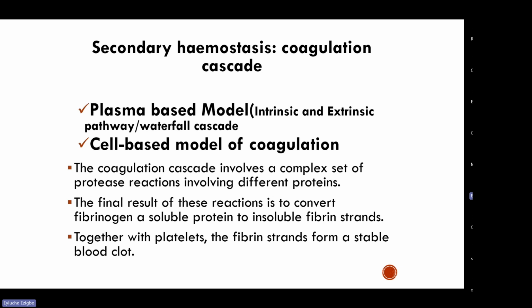So in secondary hemostasis, all that happens is to convert that fibrinogen to a more stable, insoluble fibrin molecule. The final result of this reaction is to convert fibrinogen, a soluble protein, to insoluble fibrin strands. Together with platelets, the fibrin strands form a stable blood clot. This is the aim of secondary hemostasis.